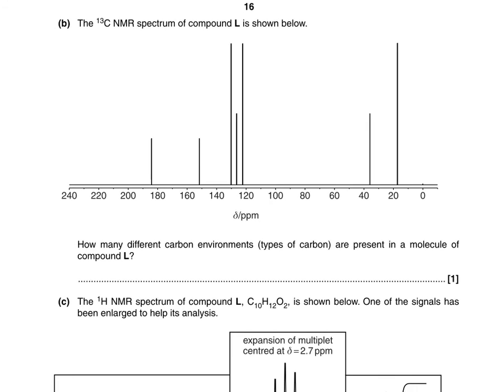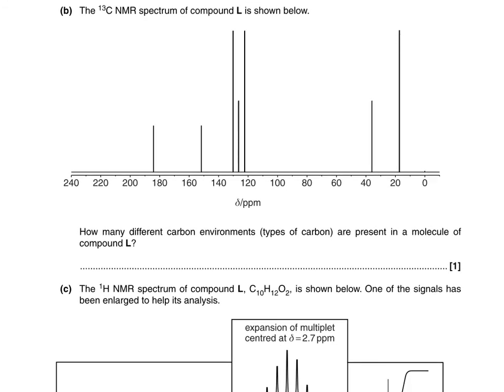Okay, right, so we have the carbon-13 spectra here, and we've got to look at how many carbon environments we have. With carbon-13, remember, the height of the peaks doesn't mean anything and we've got no splitting patterns, so we are literally counting: 1, 2, 3, 4, 5, 6, 7.